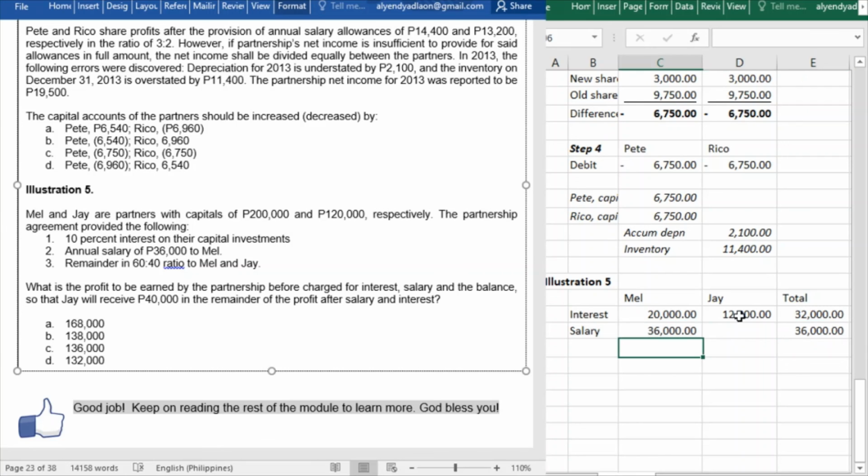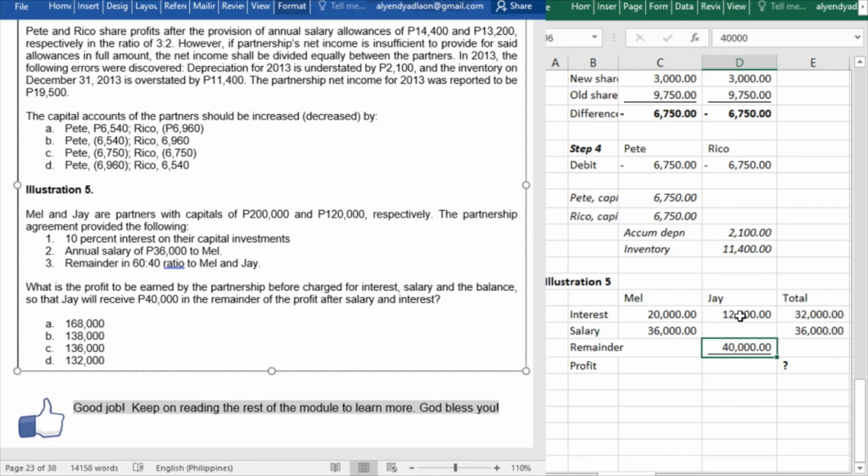And for the remainder, we have the 60 and 40 ratio. That means that Mel will receive 60% of the remainder, while J will receive 40% of the remainder. Now class, to get the remainder, we are to first determine the profit. But since in this problem the profit is unknown, but the remainder of J is already given, then we just have to work it back.